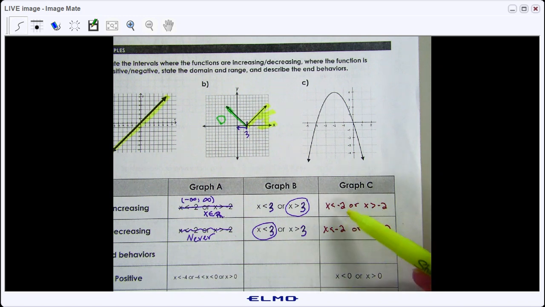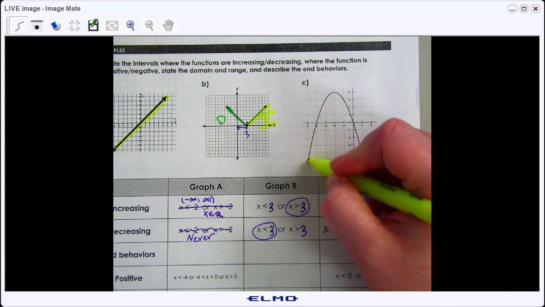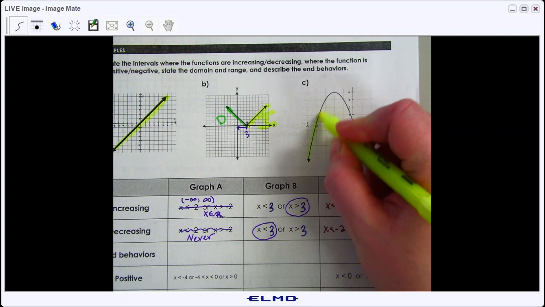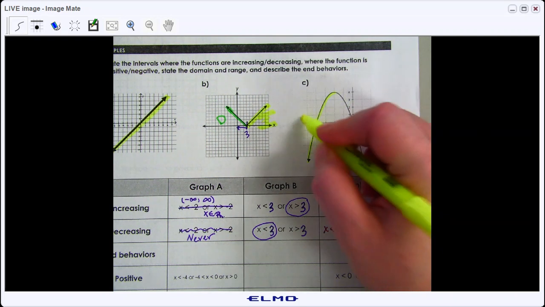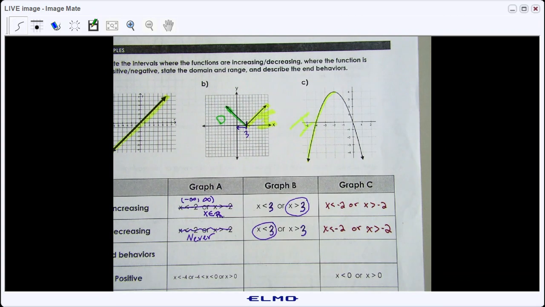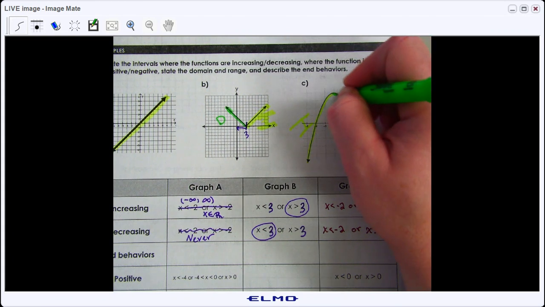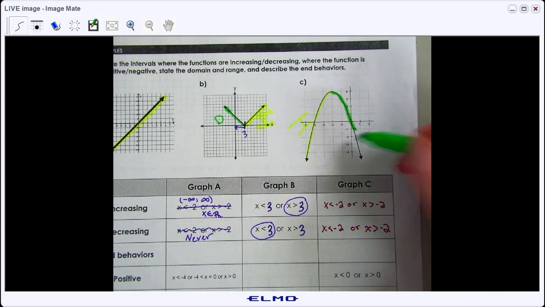So x is less than -2 or x is greater than -2. As I follow my graph from the left, the first part of this one is increasing. And then right here, when x is -2, it switches and becomes decreasing.